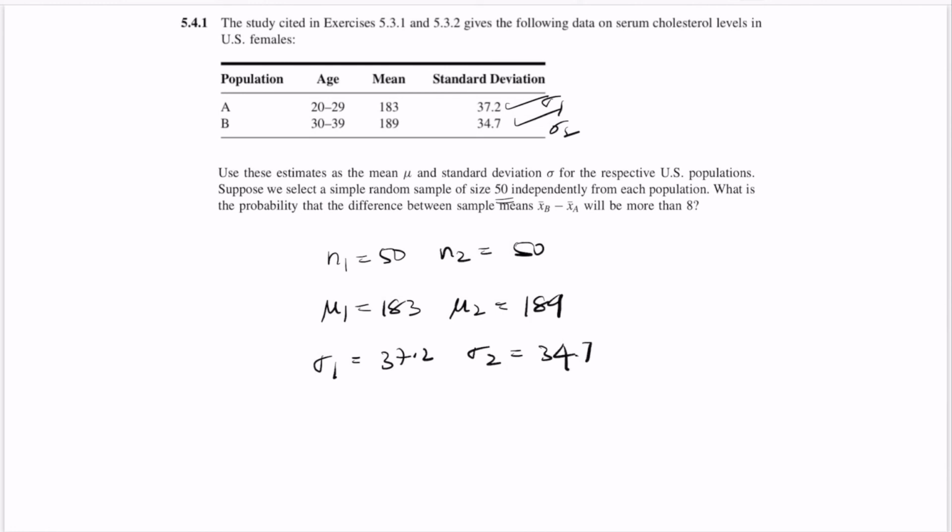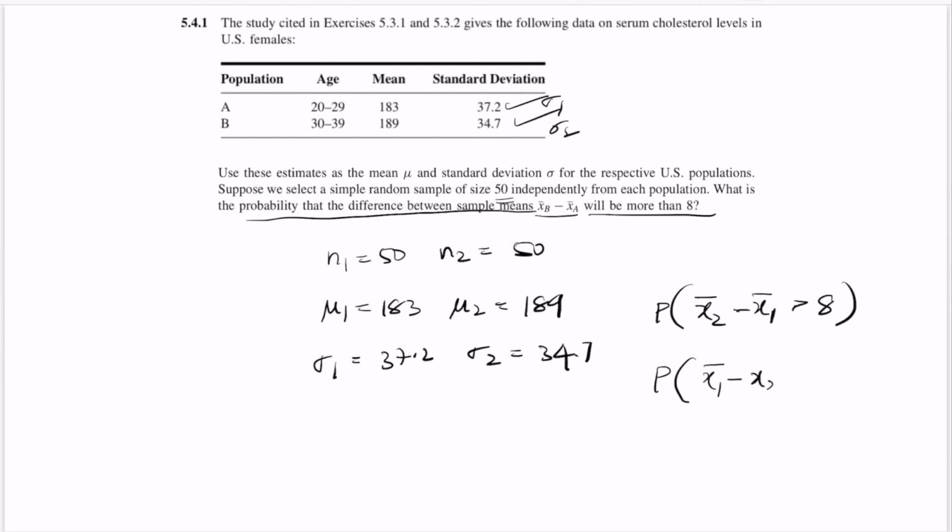In the question they are asking what is the probability that the difference between the two means, xb bar minus xa bar, will be more than 8. So they are asking for the probability of x2 bar minus x1 bar greater than 8. Now if you flip this, because we know that x1 bar minus x2 bar is the general value we calculate, then just change the sign.